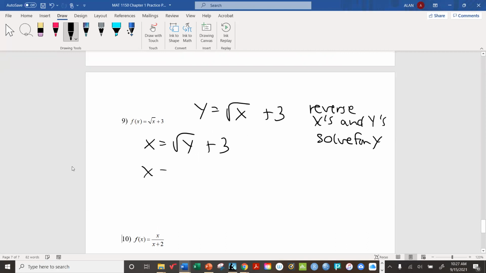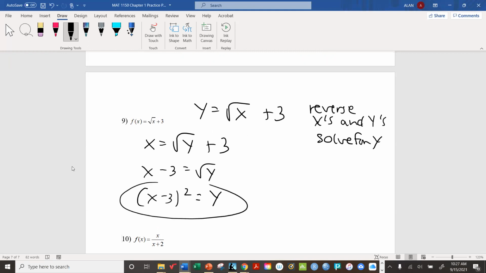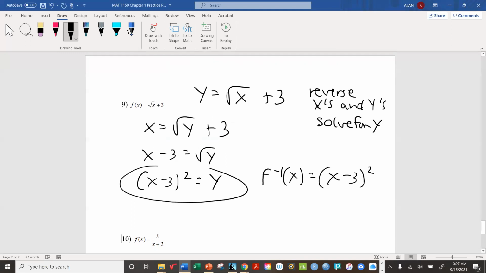X minus 3 is radical y. So now we square both sides. And this is our final result. This one doesn't need two different signs, because when you square anything, it becomes positive. Okay, so here we don't have to worry about plus and minus.